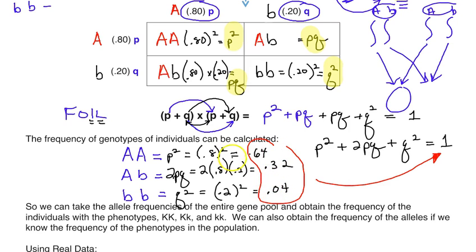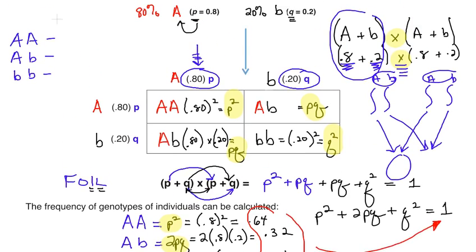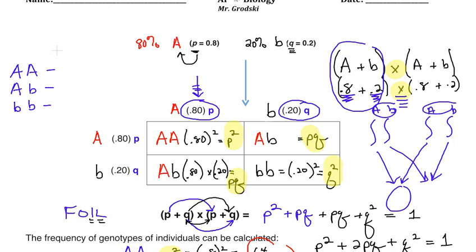So understand, very important, this represents individuals' frequencies, whereas this right here represents the frequency of just the chromosome that has that gene in the population.